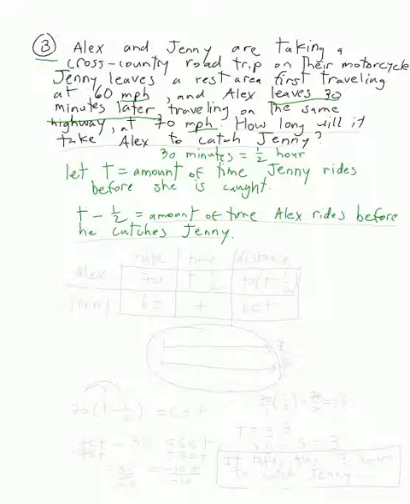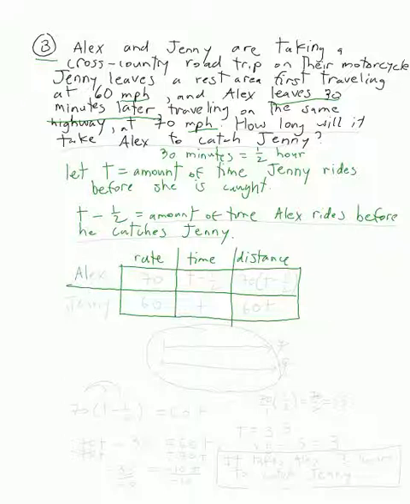So let me go ahead and start writing our table here. We have rate, we have time, we have distance. We have Alex, and we have Jenny.